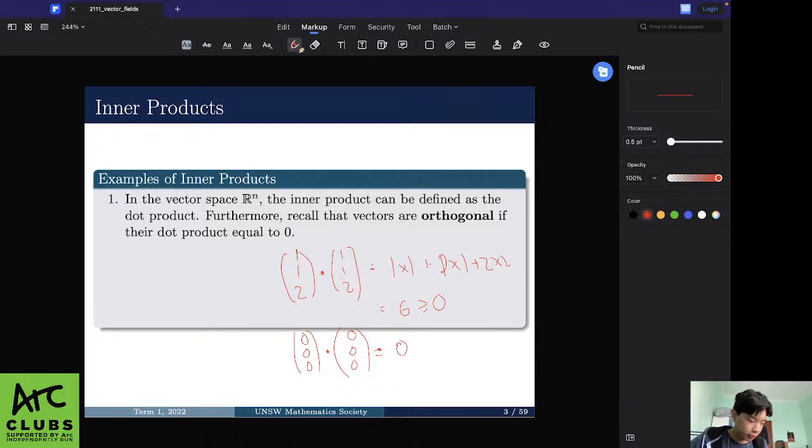And you might have seen we should be able to use the notation from before, where we have an angle bracket, we write our first vector, our second vector, and then another angle bracket. And this is another way we can represent using the inner product. So we also know that if two vectors have a dot product which is equal to 0, then we call them orthogonal.